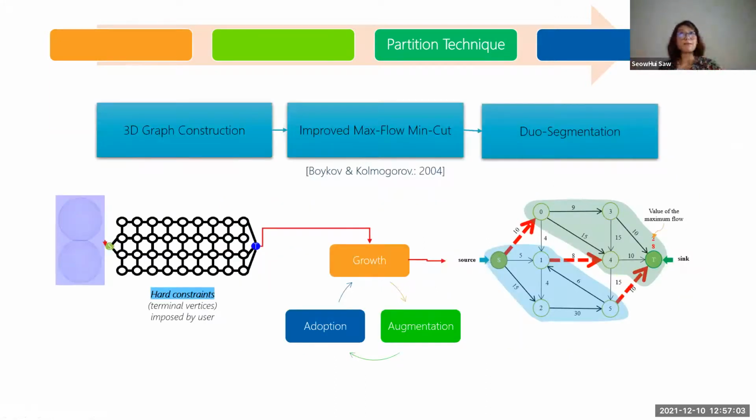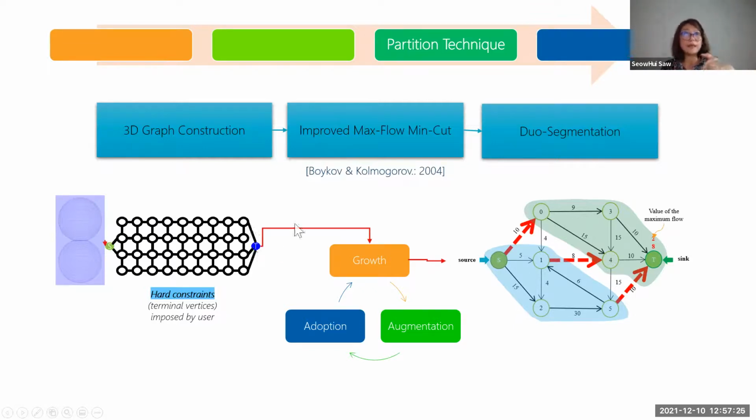So in my program, how do I use this improved max flow and min cut? First, I have to construct a 3D graph from this 3D mesh to form a graph. Then I have to choose what I call the hard constraint, which is which node is the source and which is the sink.